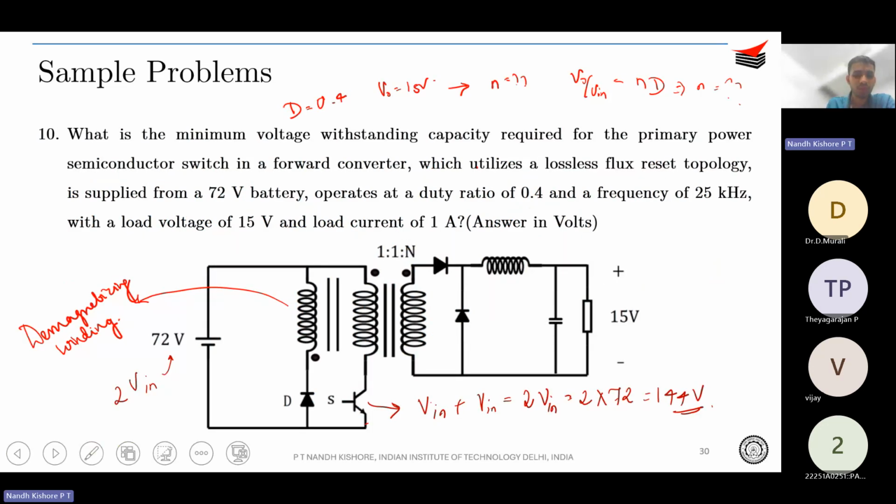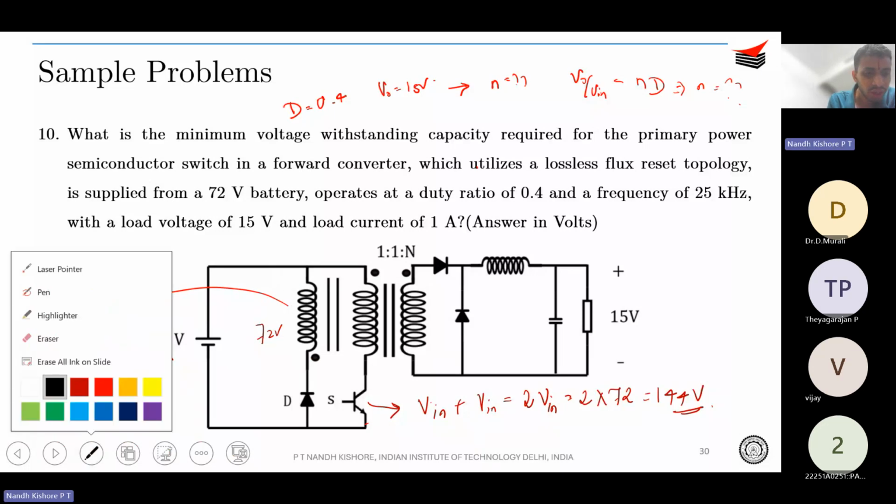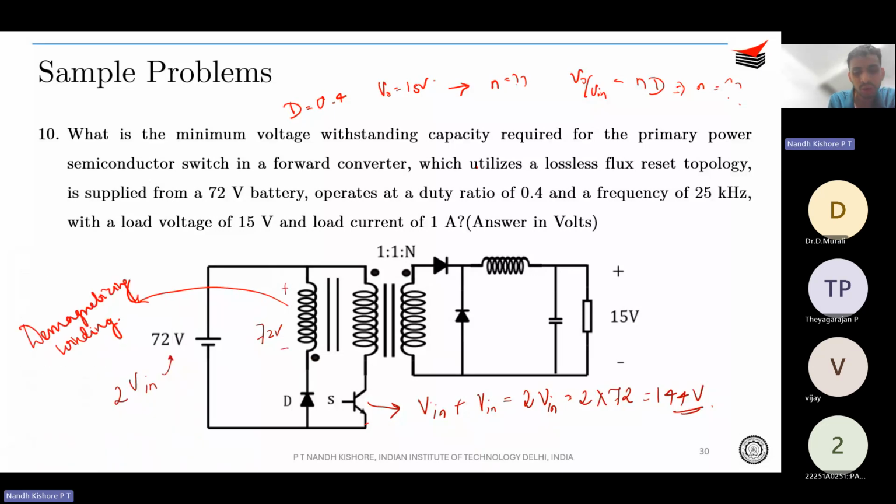So you see that this is the voltage across the tertiary winding or the demagnetizing winding. That is, when the diode is on, the voltage is going to be 72 volts again. Correct? So the voltage is going to be 72 volts over here when this diode is conducting.